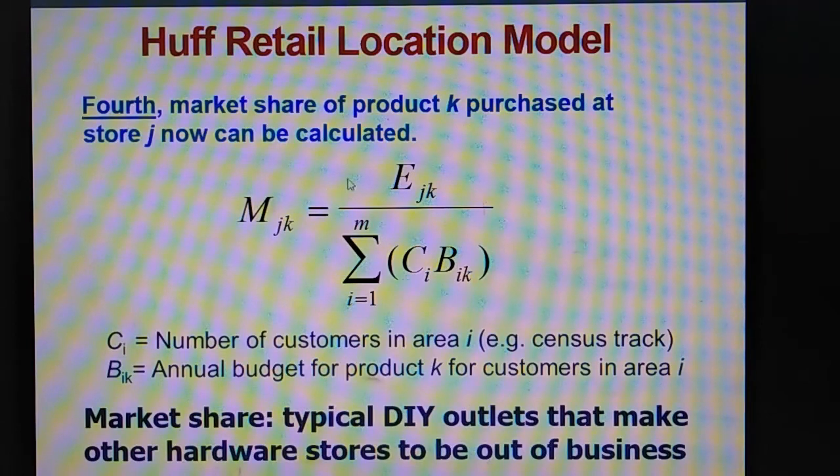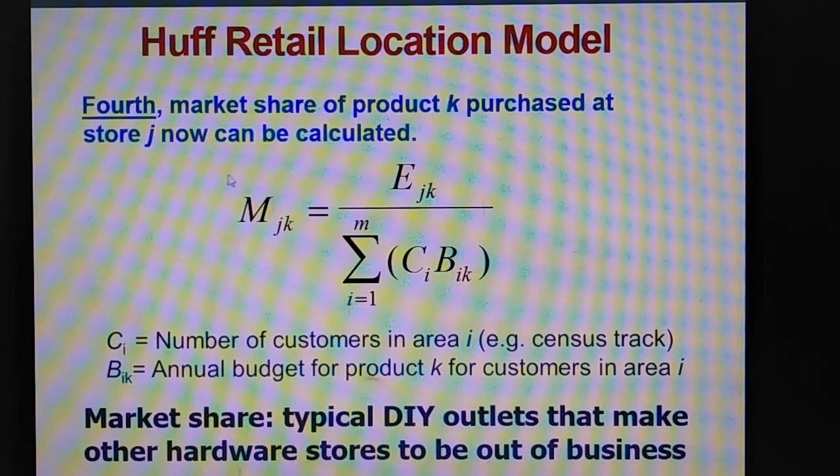Last but not least, the Huff retail location model also proposed the fourth rule, which is how big the market share for product K can be purchased at store J. Here is the calculation. M equal to E divided by the summation of number of customers multiplied by budget.